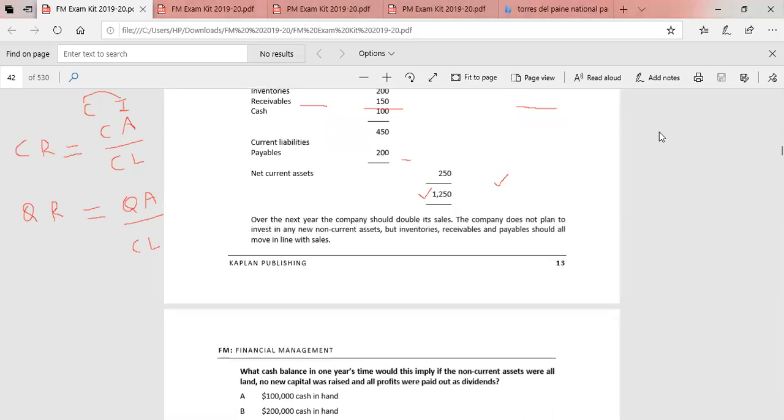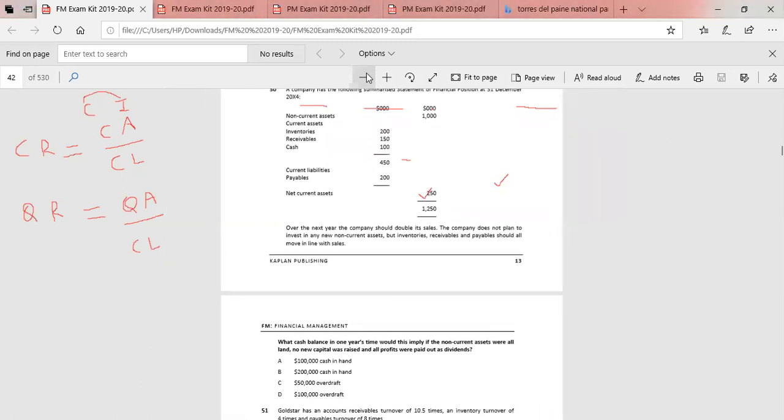I should show the entire screen. The question is there completely. How would we work it out?